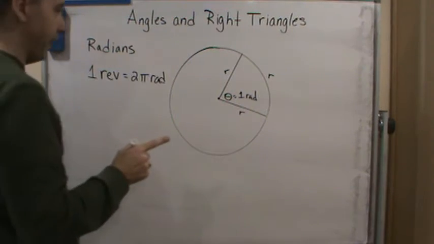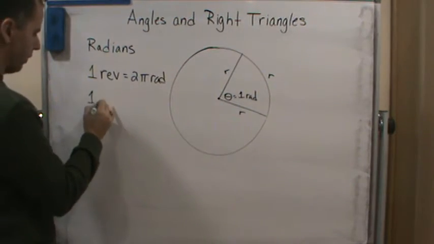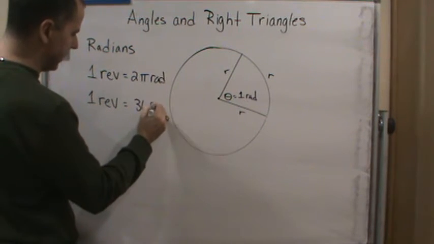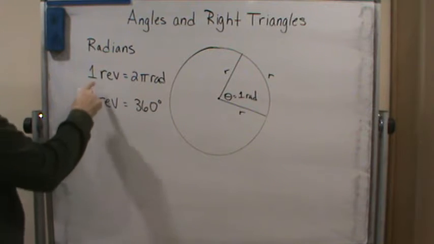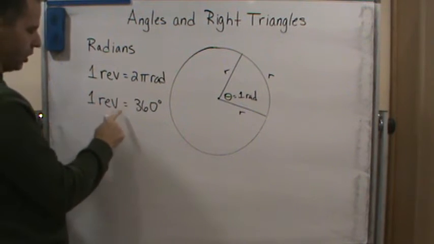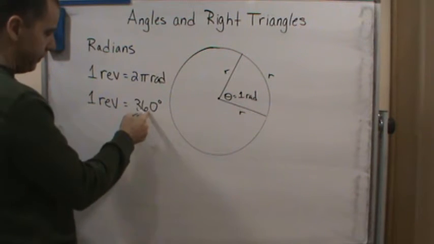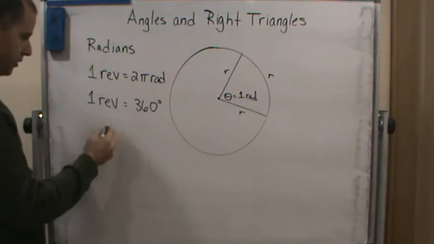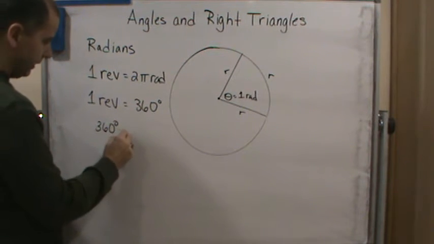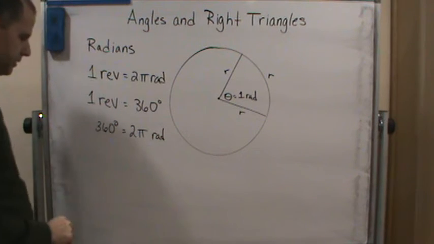We know that 1 revolution is also equal to 360 degrees. Well, if 1 revolution of a circle is equal to this in radians, and 1 revolution is also equal to this in degrees, by transitivity, these two must be equal then, right? So that means that 360 degrees is equal to 2 pi radians.